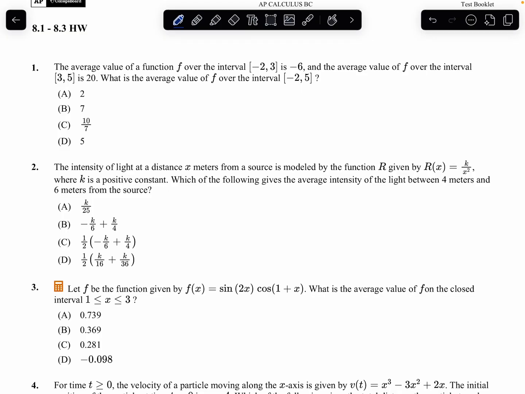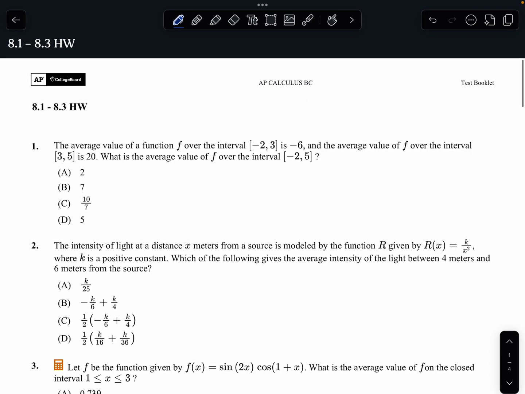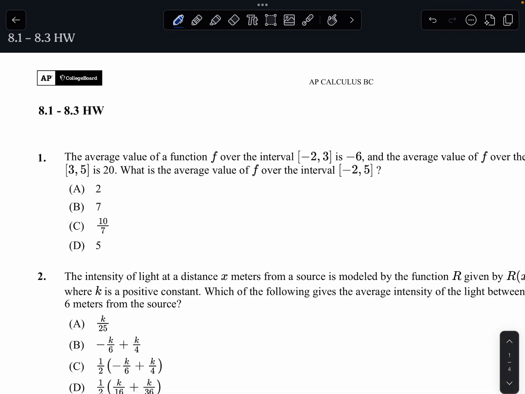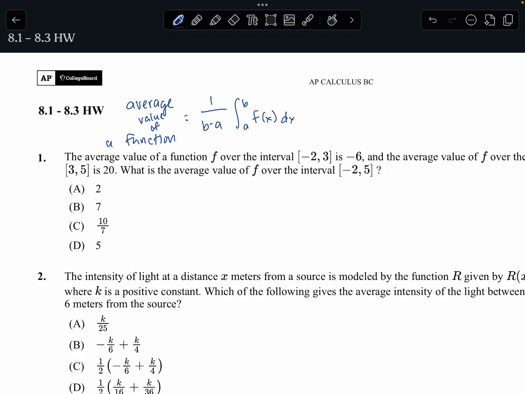8.1 talks about average value, and what you should know about the average value of a function is a certain formula. The average value of a function is equal to 1 over b minus a times the integral from a to b of f of x dx.